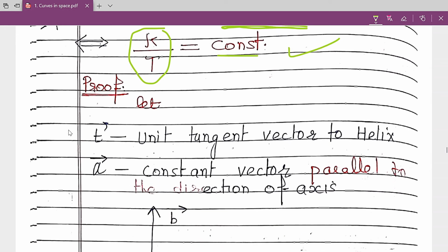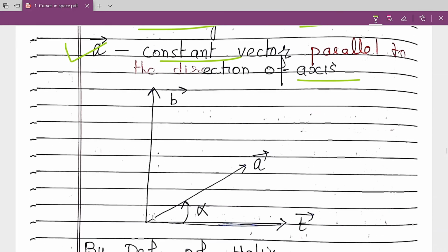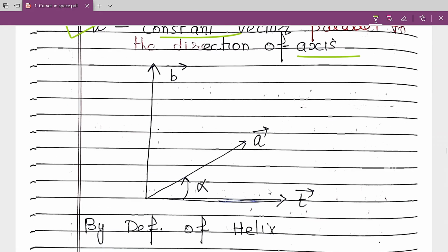Now let T be a unit tangent vector to the helix, and A a constant vector parallel to the direction of the axis. The given is that the angle between them is constant, which we take as alpha. This is the A vector, this is the T vector, and this is the B vector, perpendicular to the tangent. The angle between A and T is alpha.